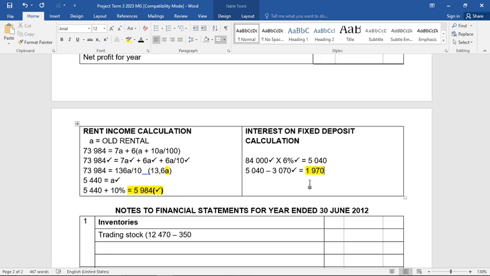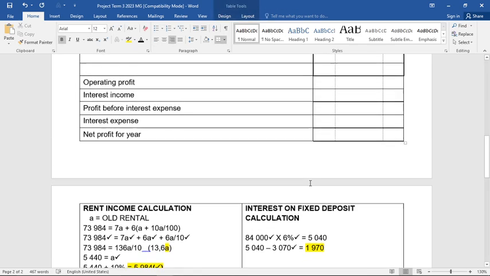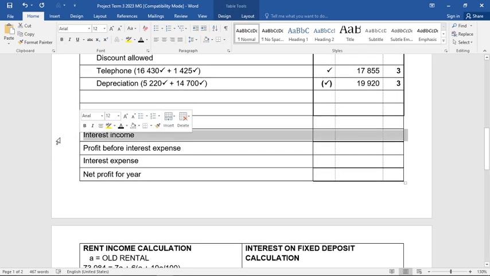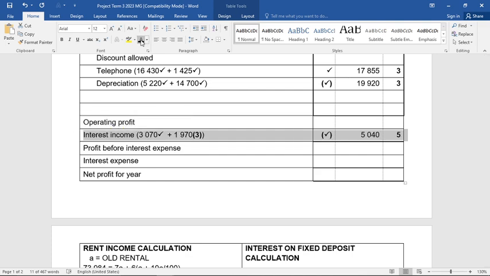But because we weren't asked for it, we'll do our adjustment in the interest income line in the income statement. So there we go, 3,070, what we had already in our books, plus the new 1970 leaves us with the 5,040 we should get for interest on fixed deposit this year.